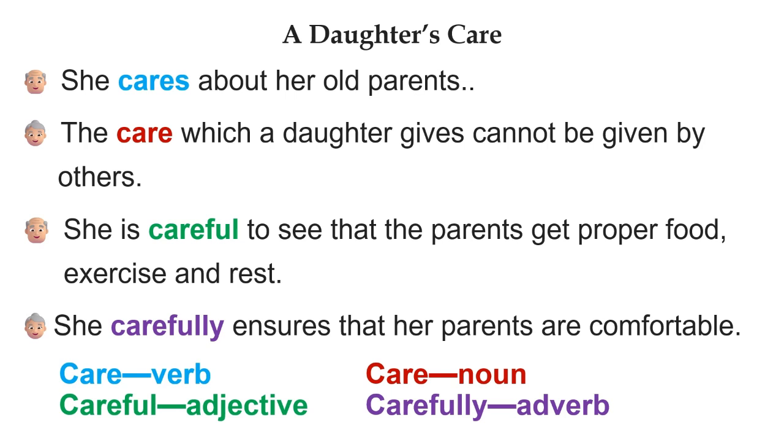They care, I care, you care, but he and she cares. So we have that form, the verb and the noun. Now careful is the adjective form. She is careful. That is the form describing the quality of this person. And carefully, that is the adverb form.